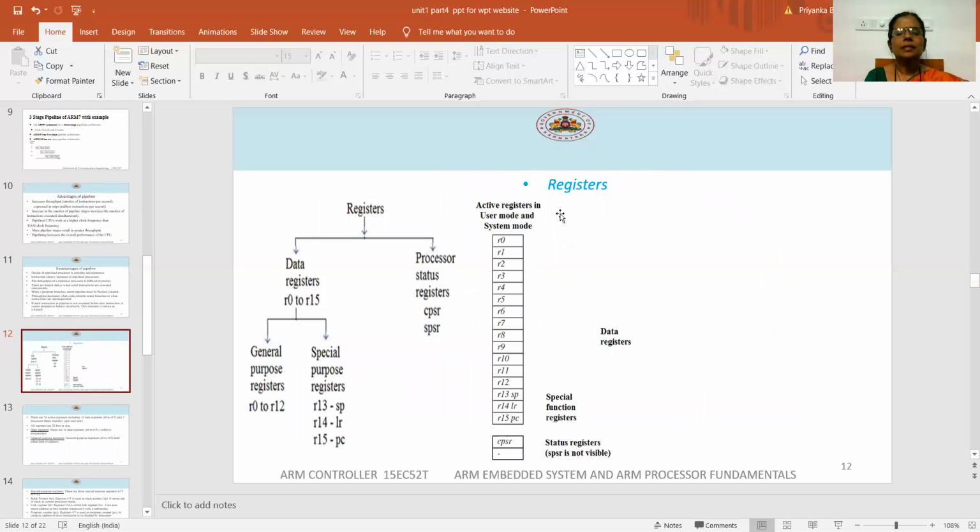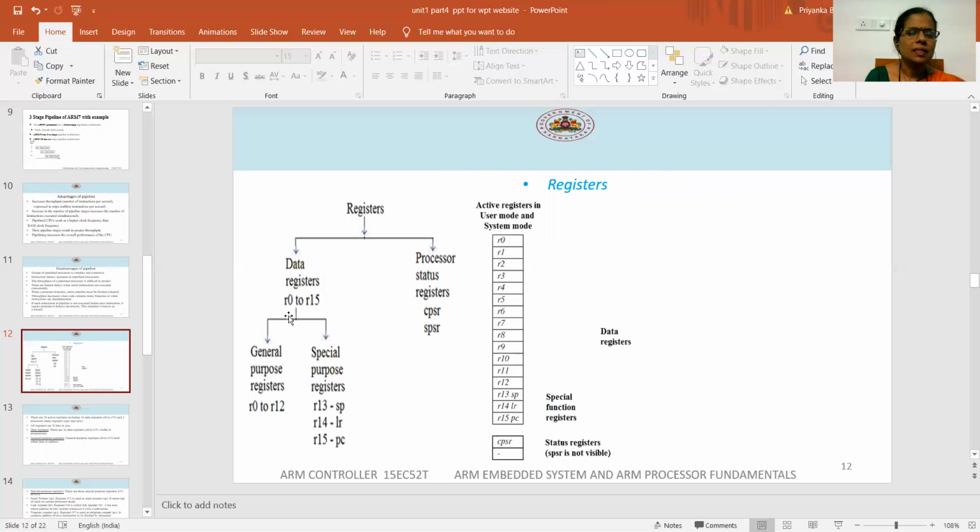Next topic is registers. What are the different registers we have in the ARM processor? Look at this diagram. Registers. Under that, there are data registers and processor status registers.